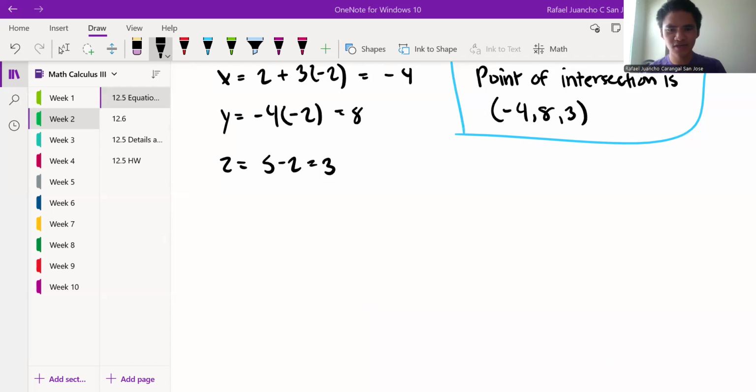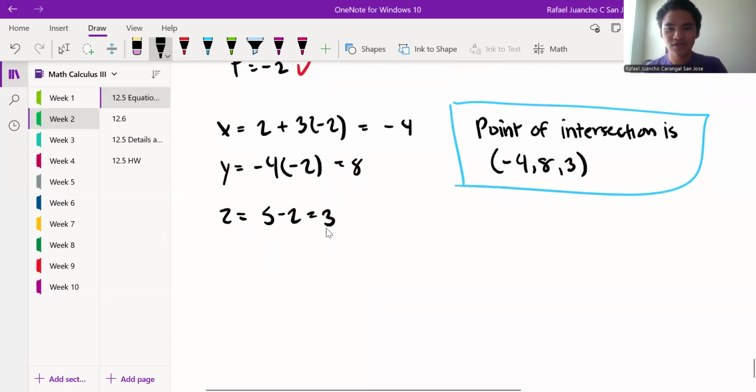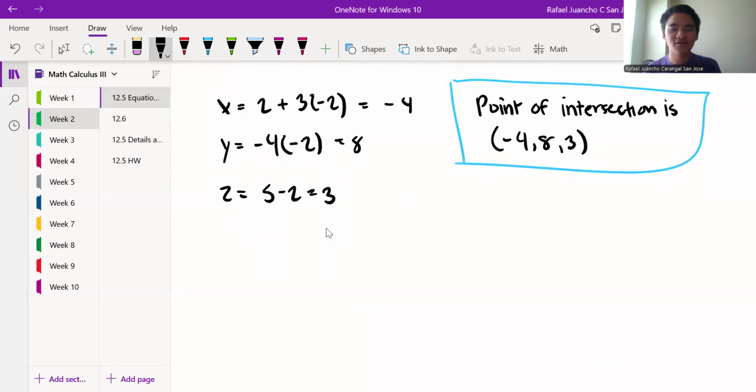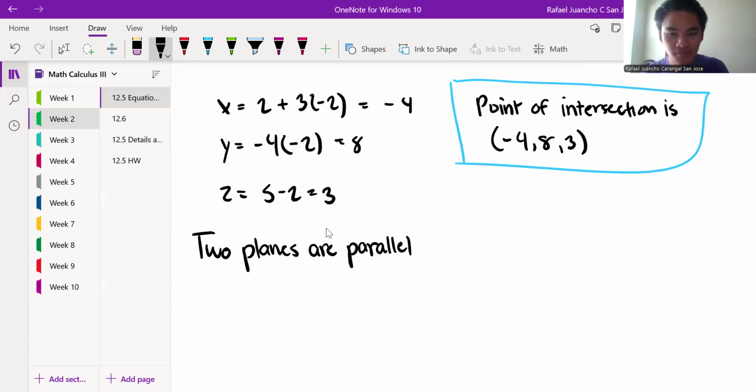Let's talk about what if our normal vector n is not perpendicular? Because previously it was perpendicular, right? So let's say we have two planes that are parallel. So here's where the lecture is going to get long.